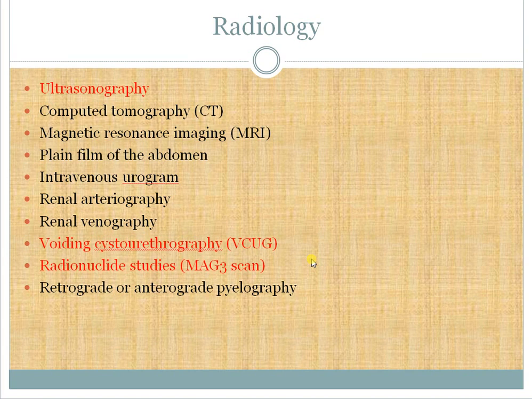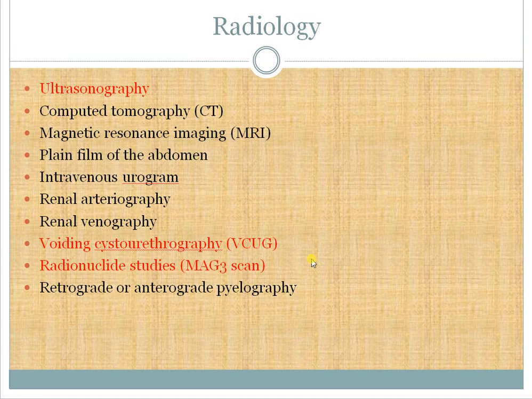When you are passively filling the bladder, you try to see if there is any reflux of the contrast material into the ureter. If you see so, then that is a positive study. After you fill the bladder, you take the Foley catheter out, and then you let the kid pee that contrast.